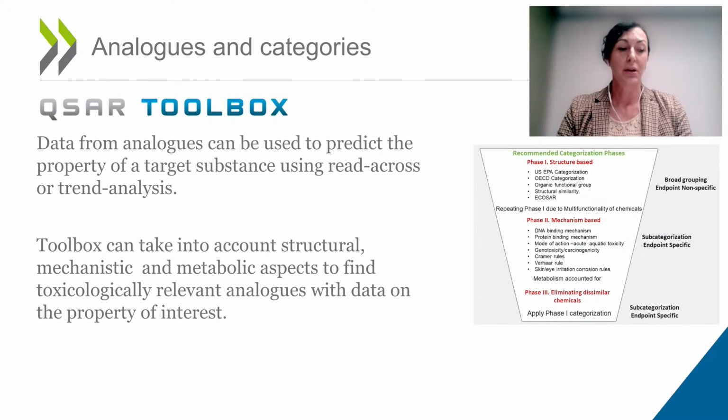And I should note that OECD guidance document number 102 provides detailed guidance on using the QSAR Toolbox to develop chemical categories and provides instruction on data retrieval, simple analog approaches, and building chemical categories and building metabolite categories for users that may want additional guidance.